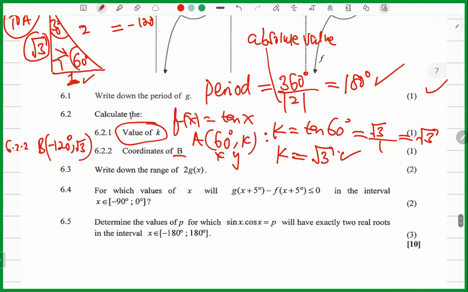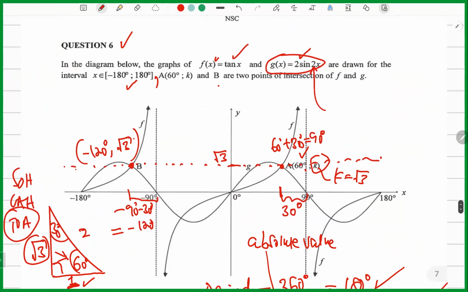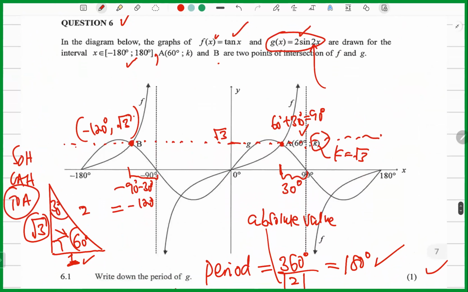g of x, twice g of x. So let's see this one. All right. So then now it's easy to do this because if you look at the range of the function g, it is the square root and then it is minus. No, okay, that's not what I want to say.